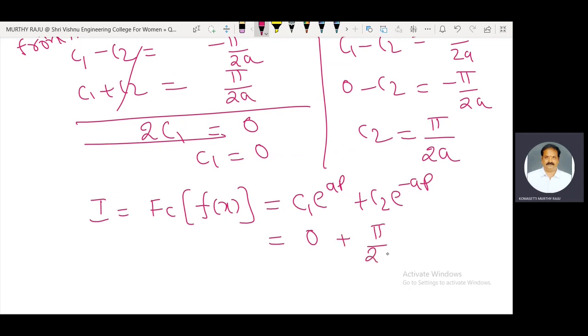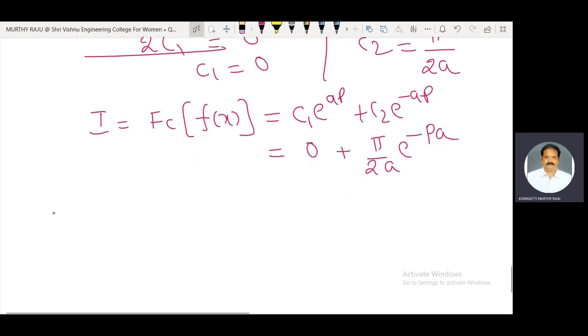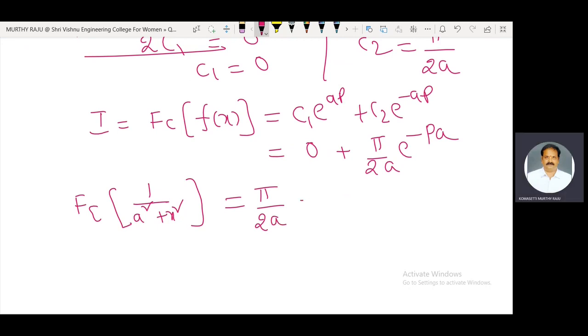C2 is pi by 2a, so e power minus pa. This is the Fourier cosine transform of some function. Given function is 1 by a square plus x square, which is pi by 2a e power minus pa.